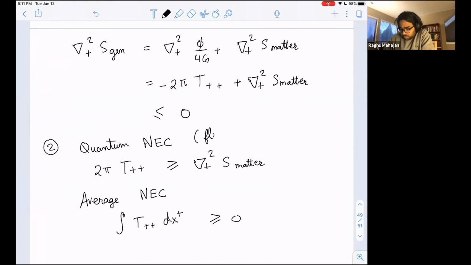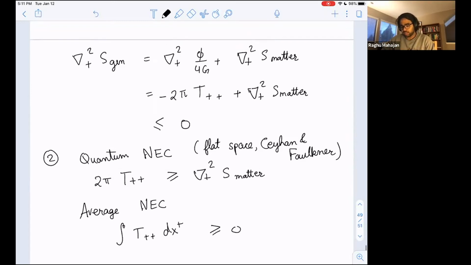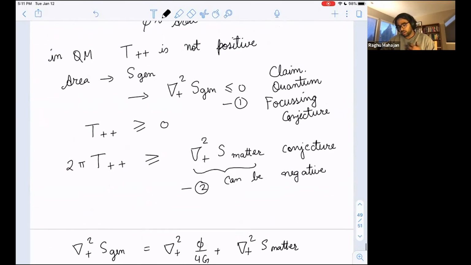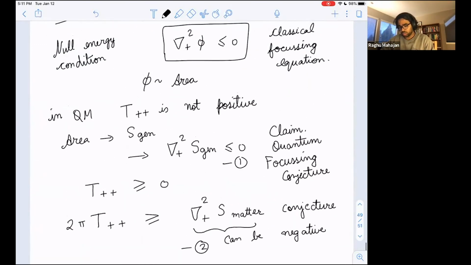And for flat space, this was proven recently, a couple of years ago, by Sihan and Faulkner, Tom Faulkner. The idea is that the uplift of the null energy condition to the quantum null energy condition includes this S matter piece on the right-hand side. And that allows us to generalize the classical focusing equation in the box here with the quantum focusing equation.